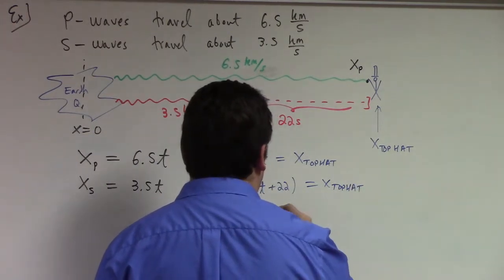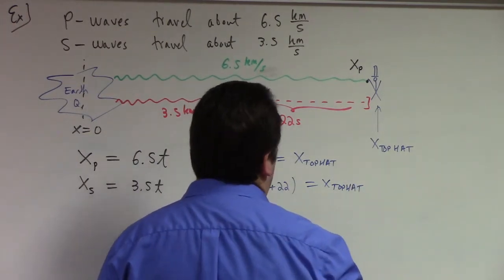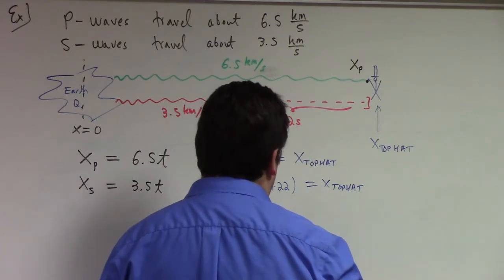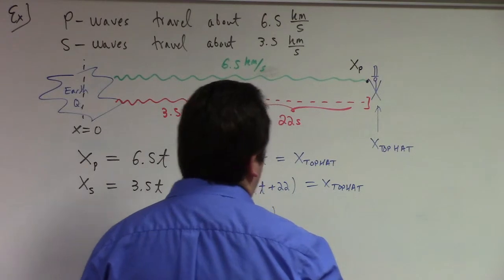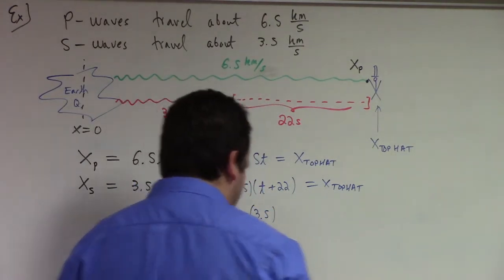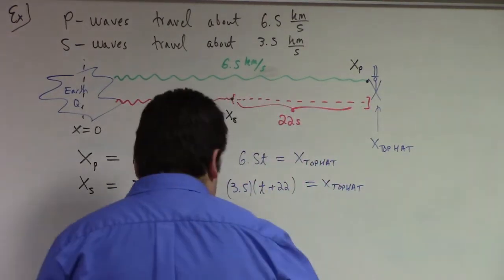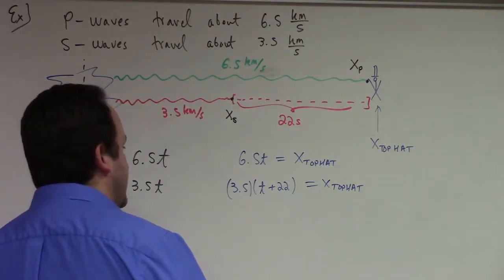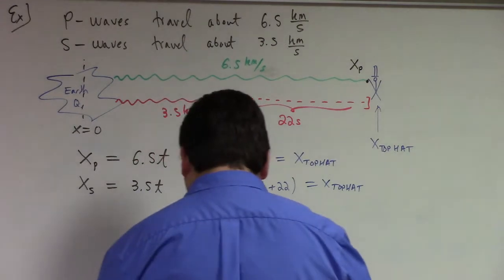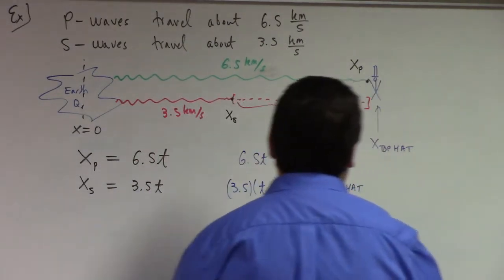So what I've got is 3.5. Oh, wait a minute. But I want x top hat, don't I? I don't know. Yeah, you can solve this in a variety of different ways. What do you guys want me to do? We're after x top hat, so I should probably eliminate t. Or just solve it this way.